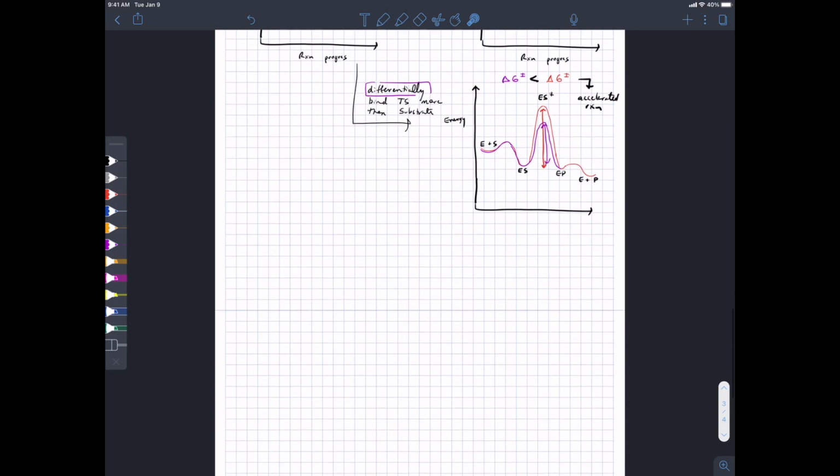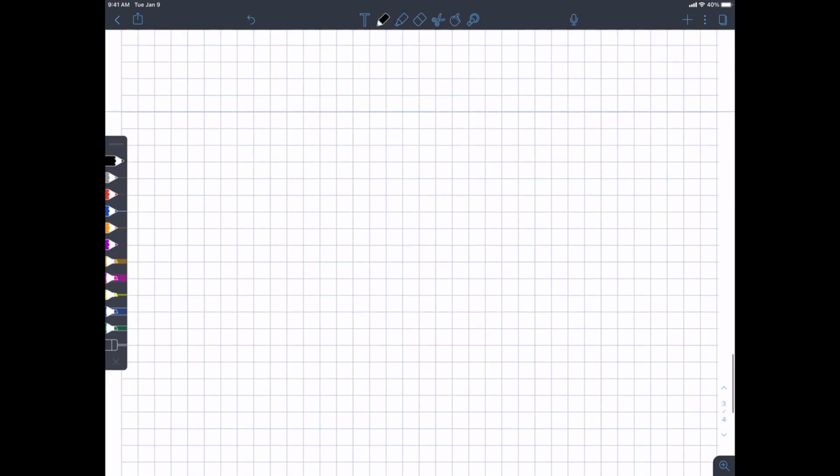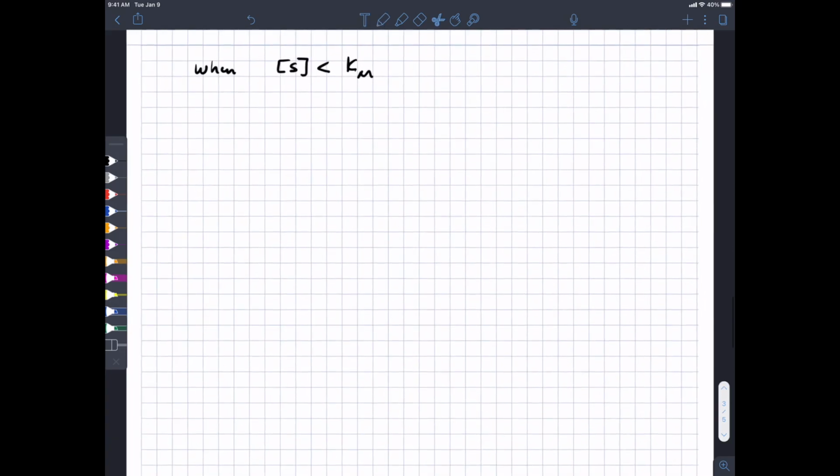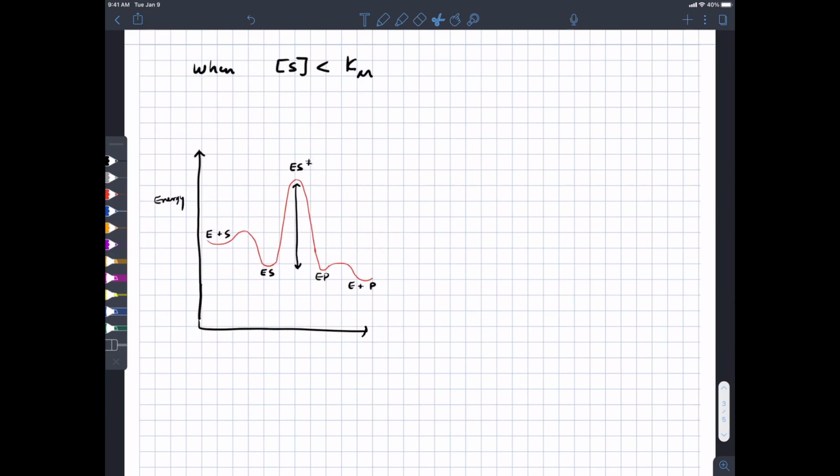So the new scenario is when substrate concentration is lower than Km. What does our reaction coordinate energy diagram look like then, and how does it differ from what we drew before?